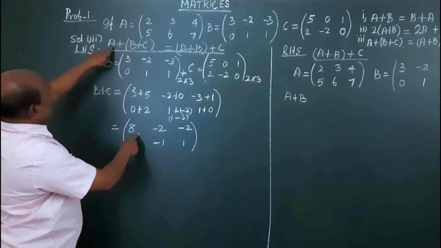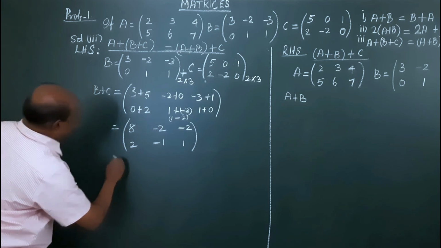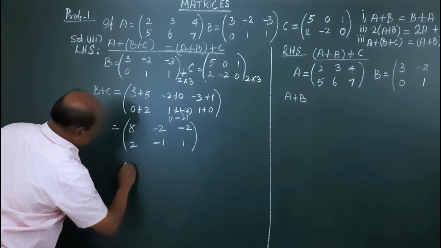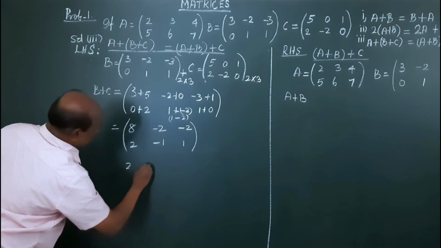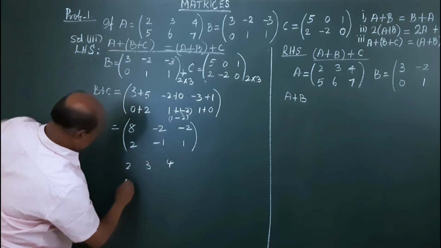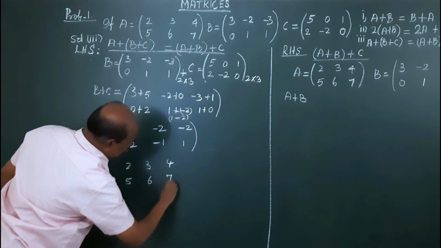Then we add with the A matrix. Here you write it. First A matrix, 2, 3, 4, 5, 6, 7.